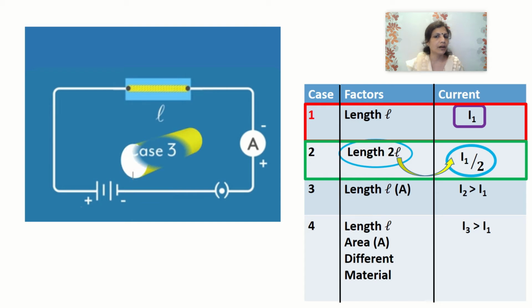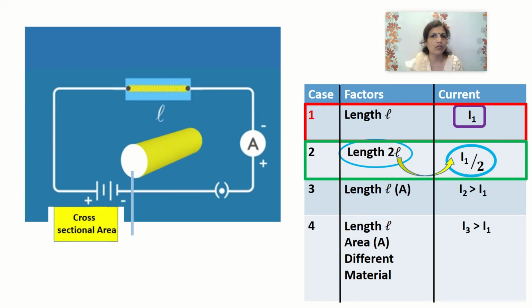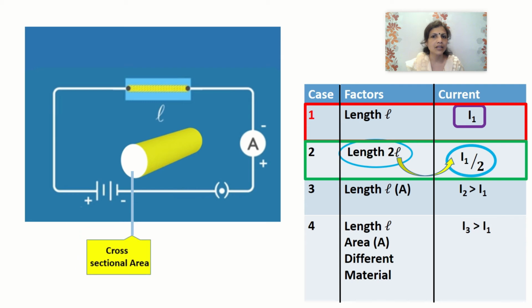This particular part is the cross-sectional area of the wire, which we will denote as A. Now if you check the ammeter reading, you will realize that the current flowing through the circuit is greater than the previous value.